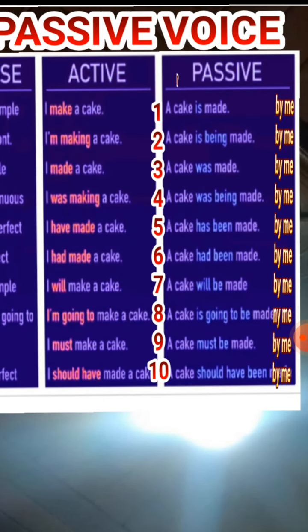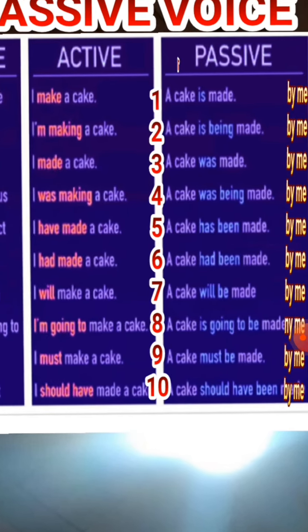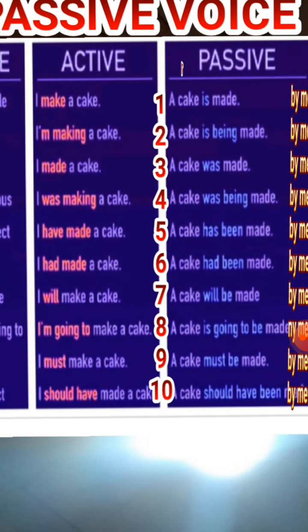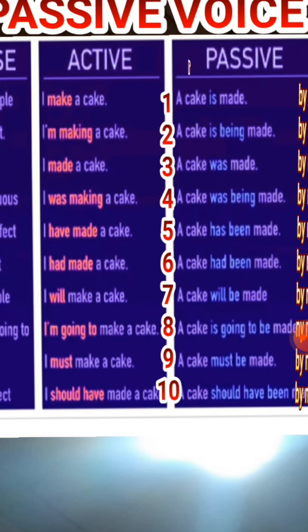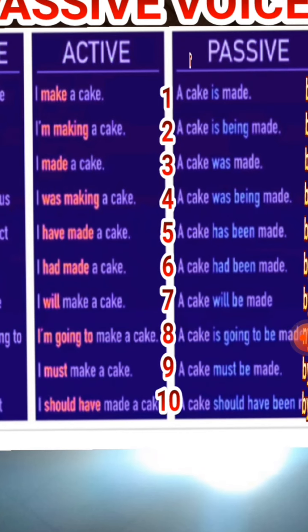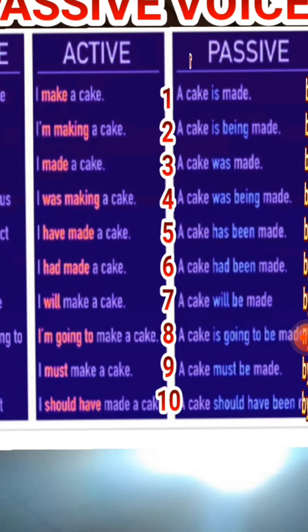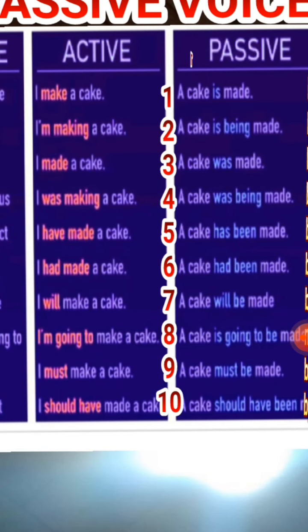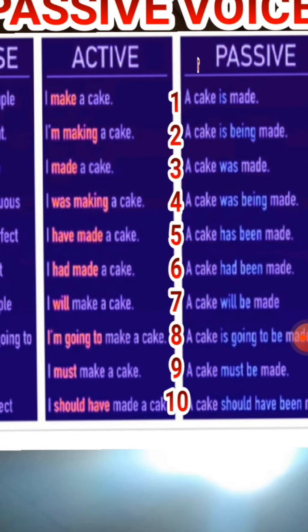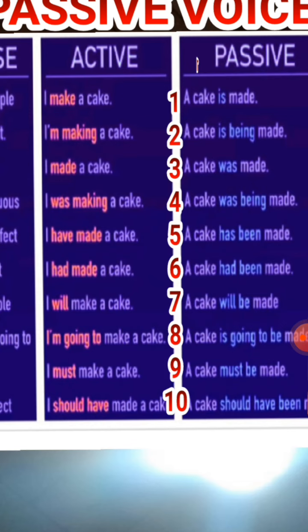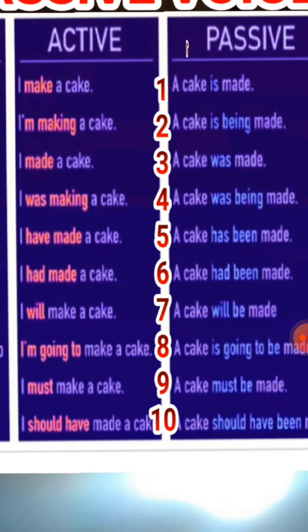Now look at example number 1. I make a cake in active. To change the sentence into passive, we put a cake, the object in the active, as the subject in passive.